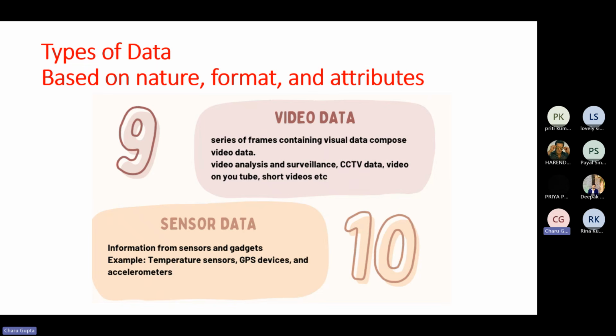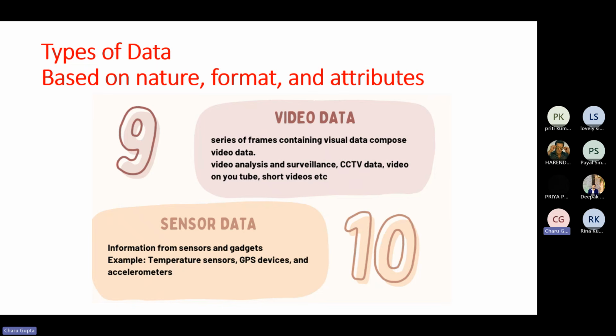So these are all video data. The next type is sensor data: temperature sensors, GPS devices, accelerometers on our vehicles. They are sensing the speed, the distance covered.